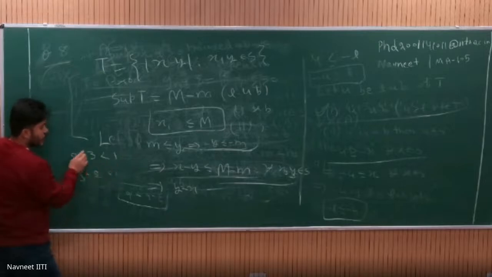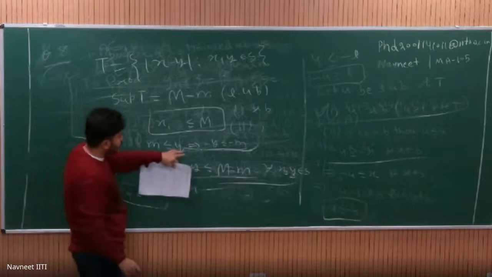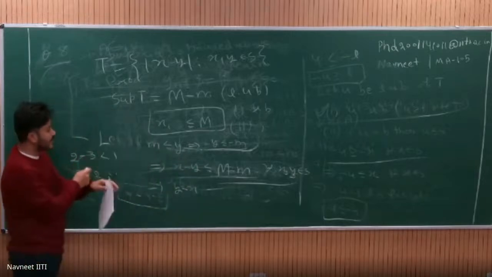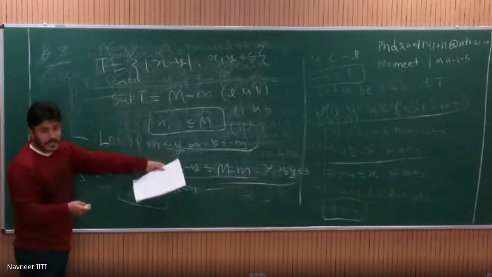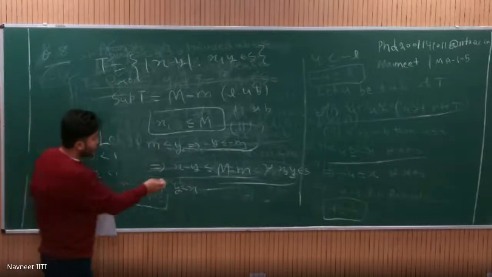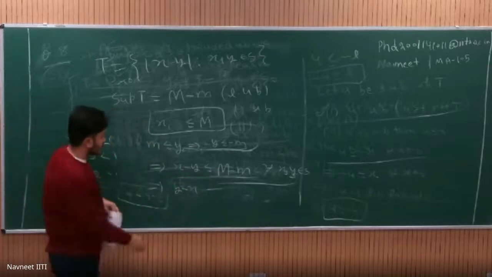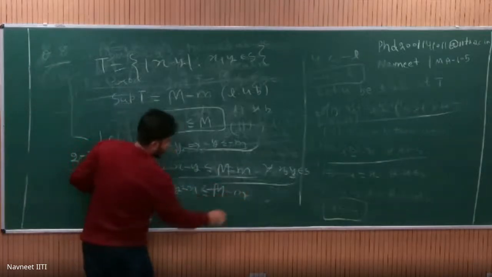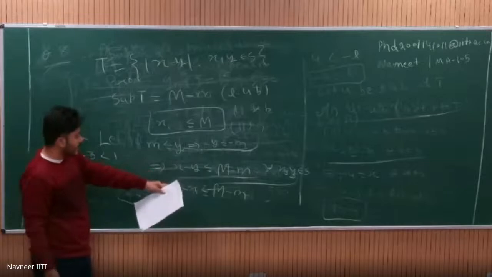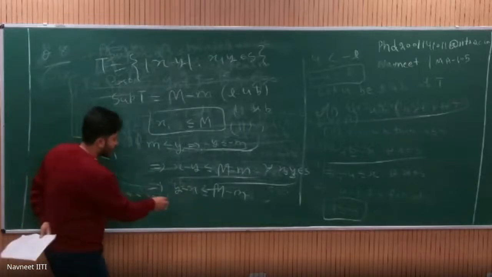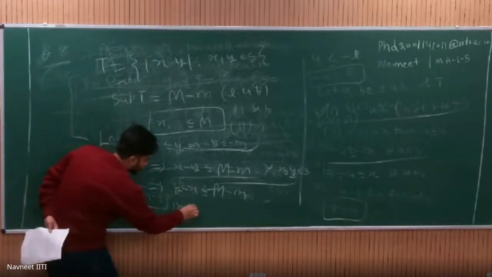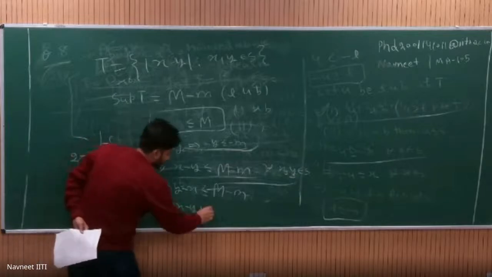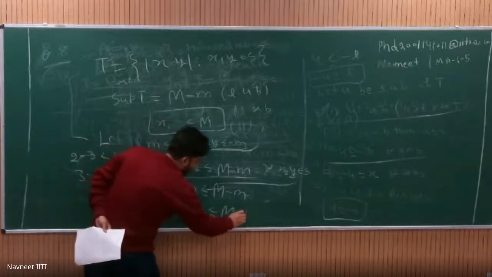This may not be true, but actually these are a collection of all the elements, subtractions of all the elements. Sometimes x is greater, sometimes y is greater, then all subtractions are going to be less than this number. That means y minus x is also less than or equal to M minus m. If a number is less than M minus m and another is also, that means their modulus is also going to be less than that number. The modulus of x minus y is going to be less than or equal to M minus m.